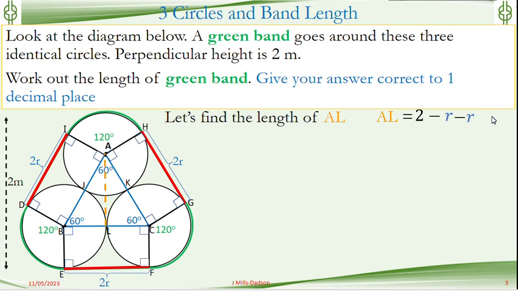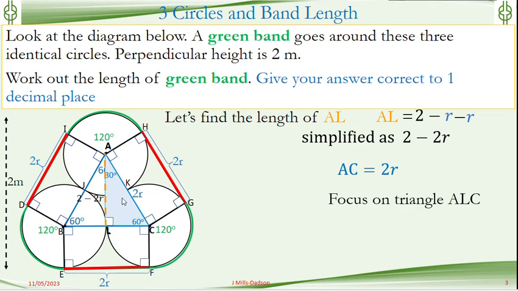So let me repeat for you to see. AL is equal to the full 2 meters minus this radius and minus that radius. So it simplifies as 2 minus 2R. That's what we have. Now we know that AC is 2R, as we said before.